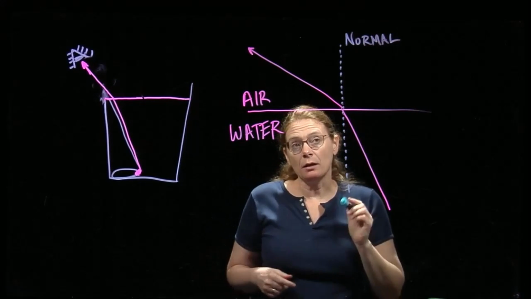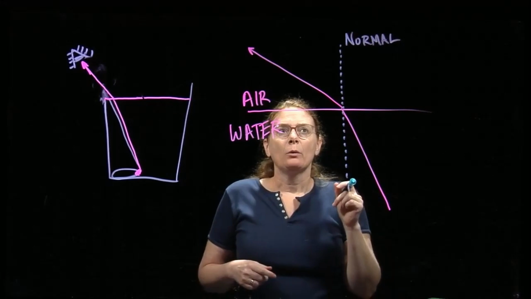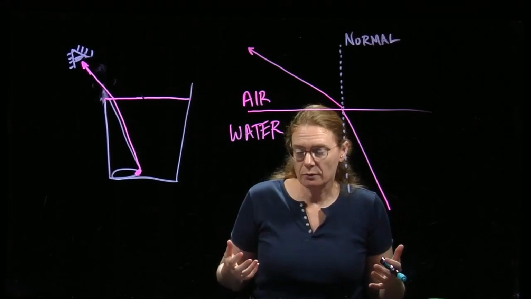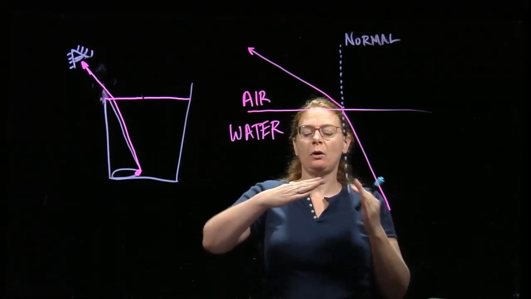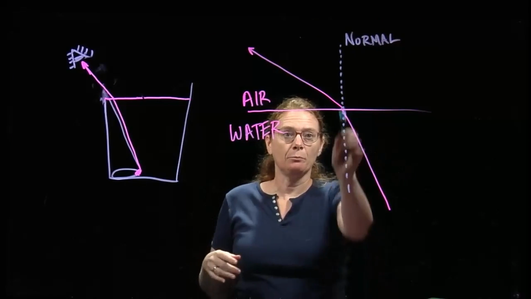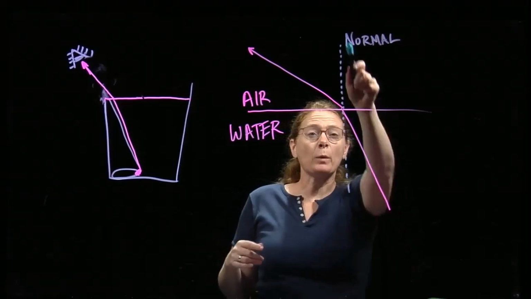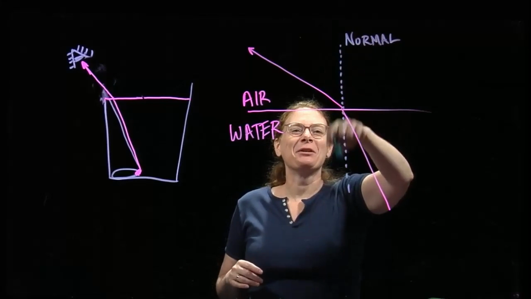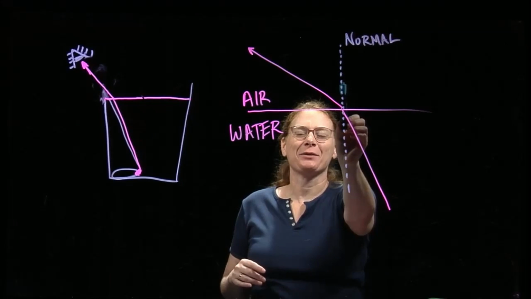If you think back to College Physics 1, we used the idea of a normal with a normal force. The normal force was always perpendicular to the surface. Normal is a kind of mathematical way of saying perpendicular. So the normal line is perpendicular to that surface.